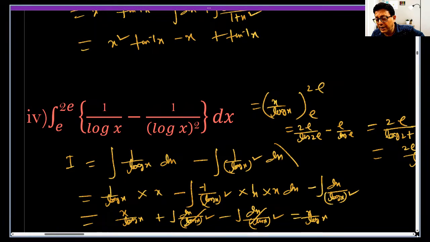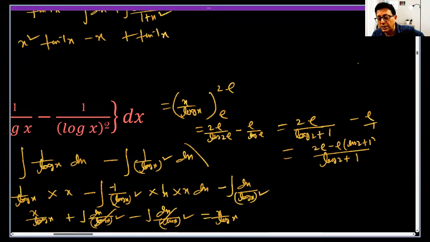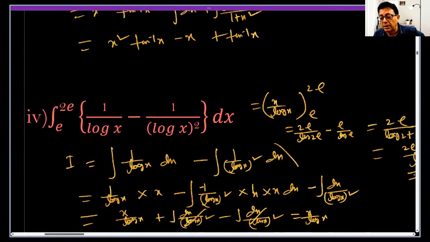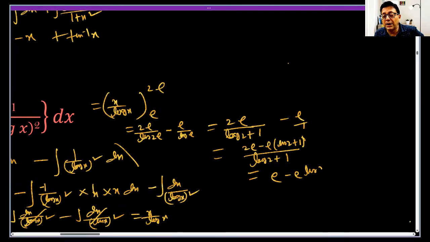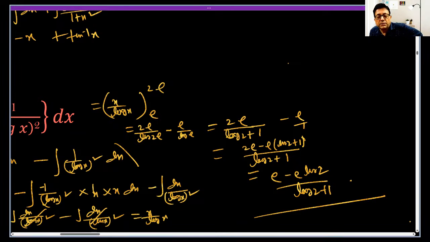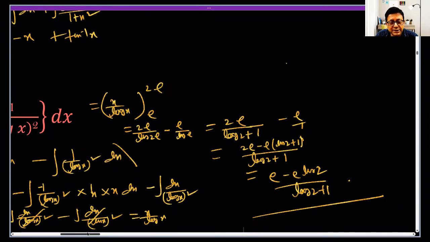So you just write e minus e log 2 by log 2 plus 1. Okay, understood? Clear?